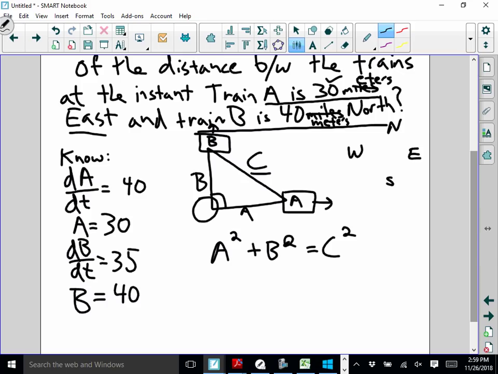With right triangles, I'm always going to look to see if I can use the Pythagorean theorem, right? I want to do this because I need dc/dt. I need the rate of change of the distance between the two trains. So I'm looking for dc/dt. Okay, so that's all I explicitly know.